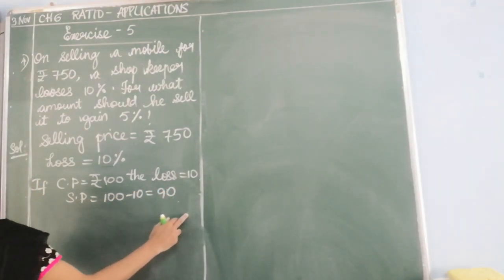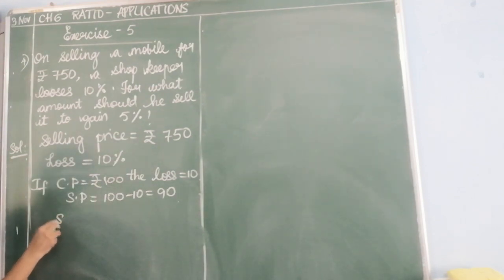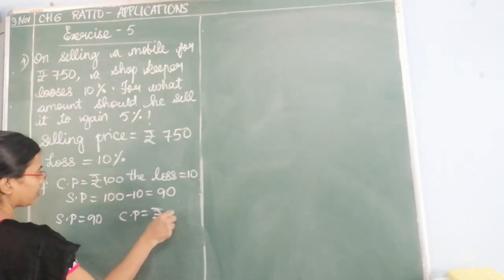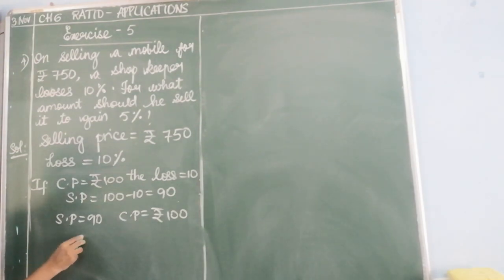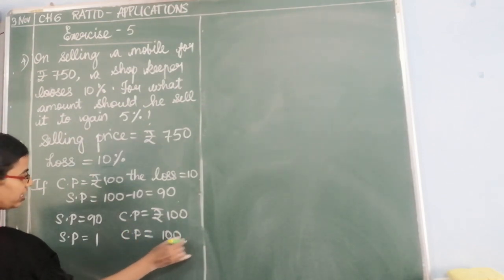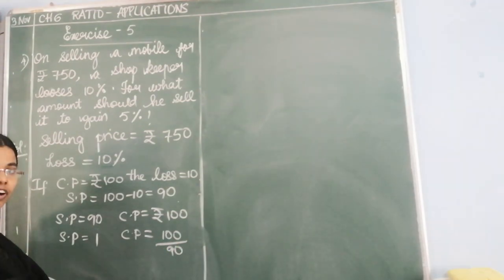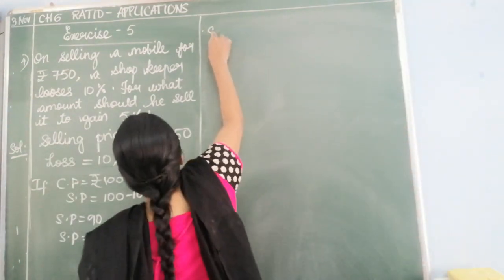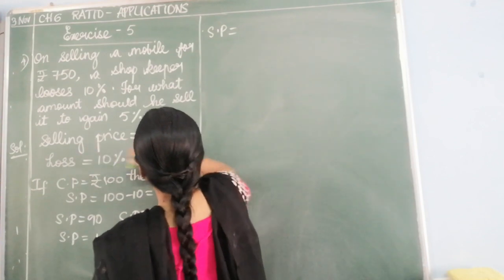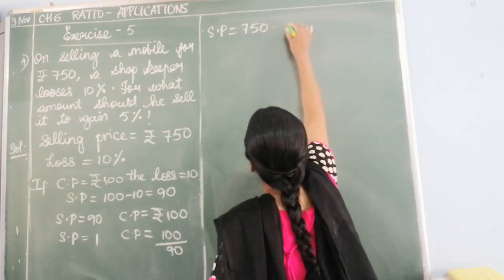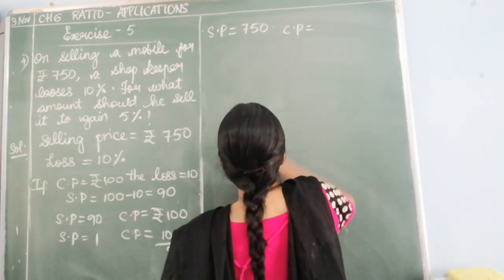When the selling price is 90, cost price is 100. Now if selling price is 1, cost price will be 100 divided by 90. Now the next thing you know is the selling price is 750. Now you should find out the cost price. Cost price is equal to 100 by 90.